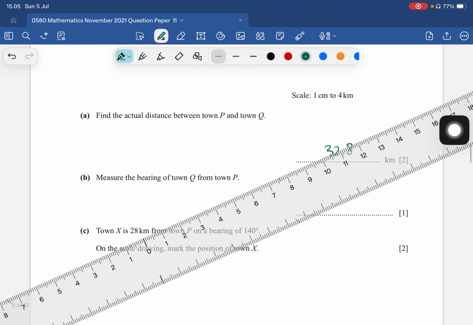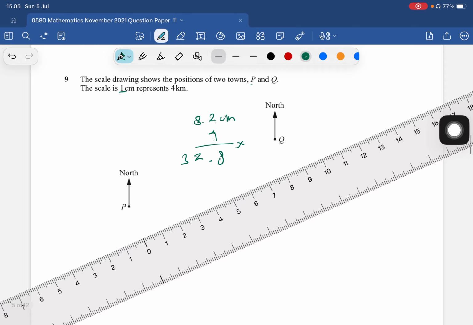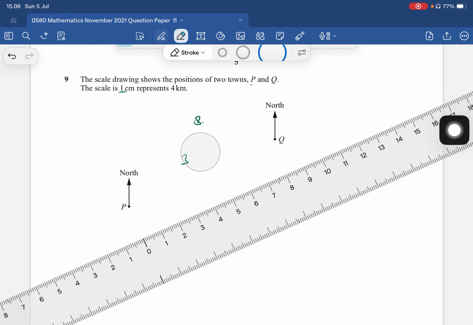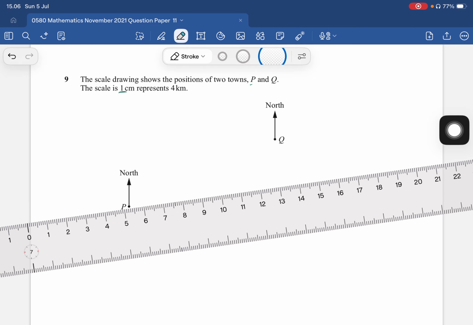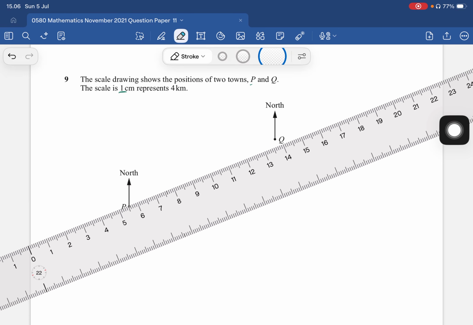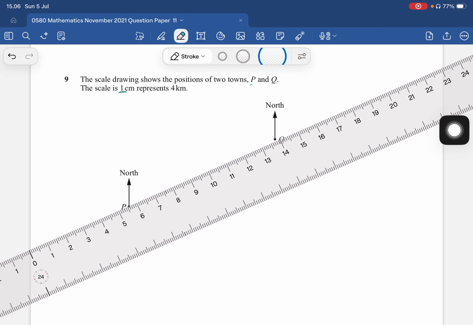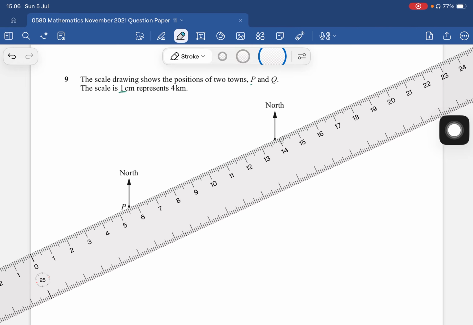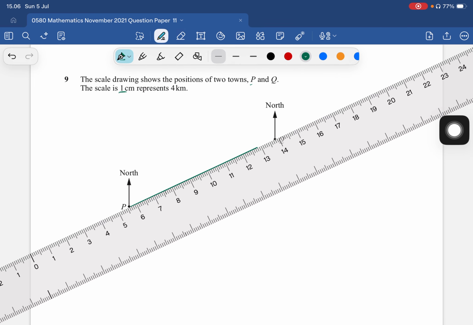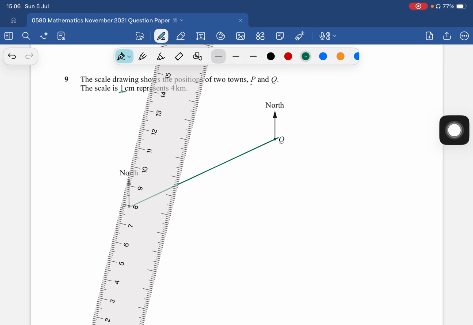Measure the bearing of town Q from town P. So we need to measure this bearing. I will make it a straight line. Here is the straight line.